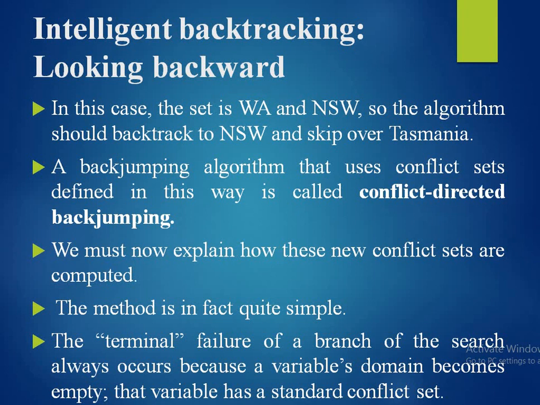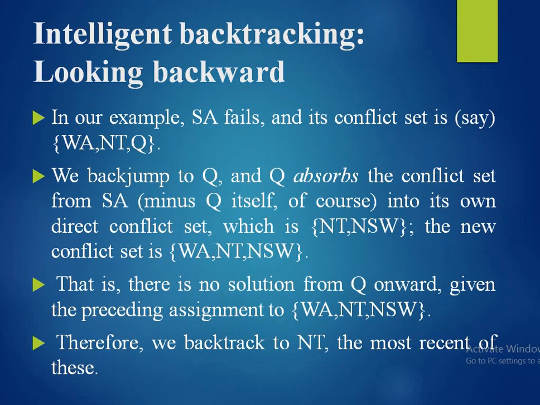We must now explain how these new conflict sets are computed. The method is in fact quite simple. The terminal failure of a branch of the search always occurs because a variable's domain becomes empty. That variable has a standard conflict set.